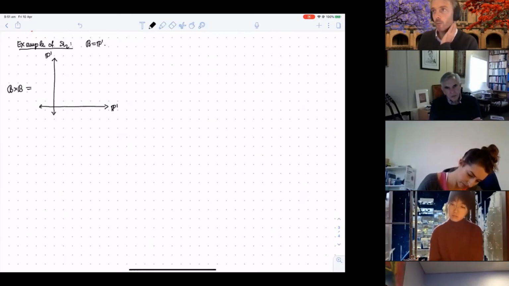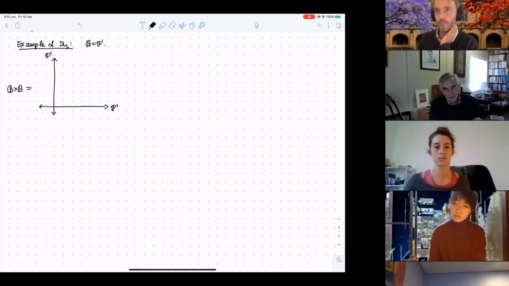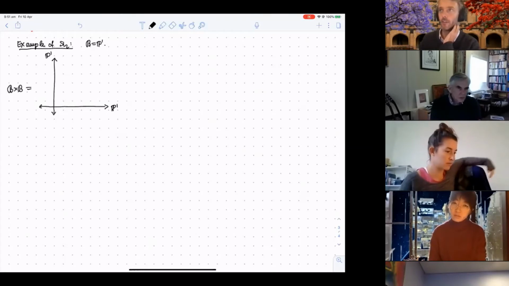So we can think about this as pairs of points in P1. And SL2 has two orbits on that space, namely the set where the points are equal and the set where they differ.